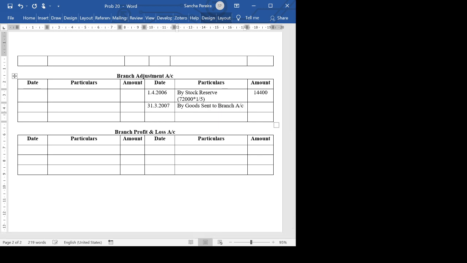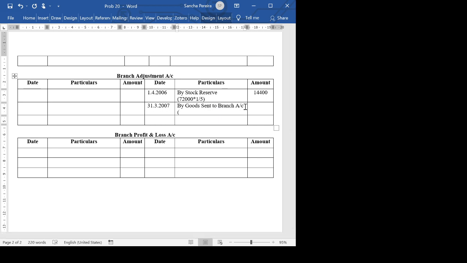This is the loading. We don't need to write it as loading. The fact that it's in the adjustment account, it's understood. So it's 6,49,200 into 1 by 5, that comes to 1,29,840.